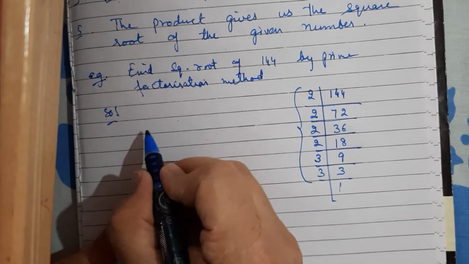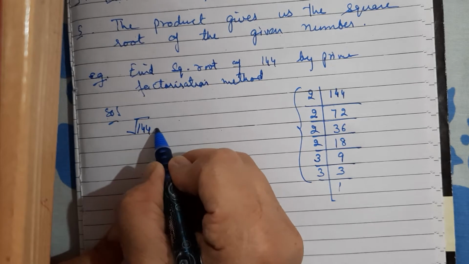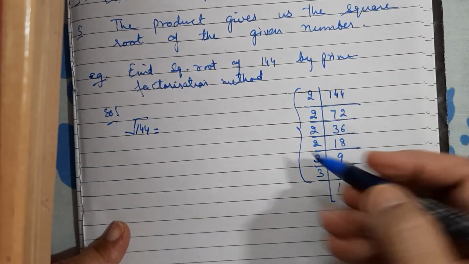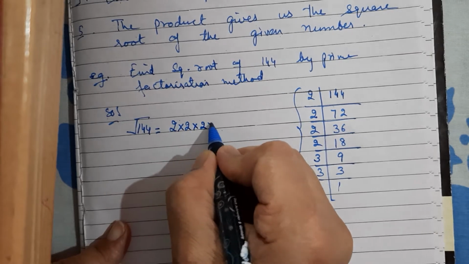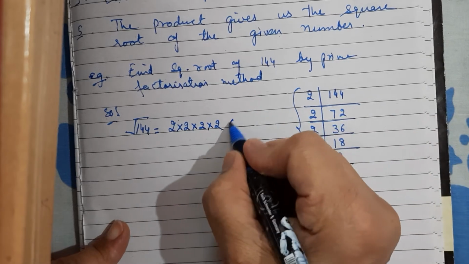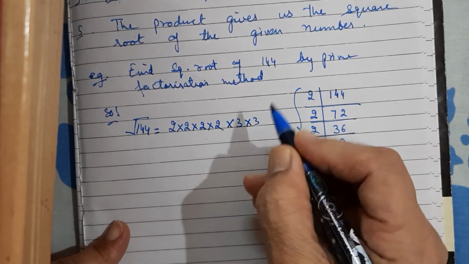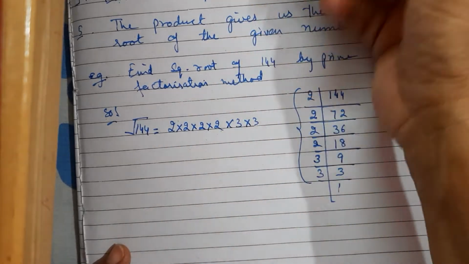Now write here: square root of 144 is equal to, note down all these factors, 2 into 2 into 2 into 2, how many times? 1 2 3 4 times 2, and then 3 into 3, as written in these steps.